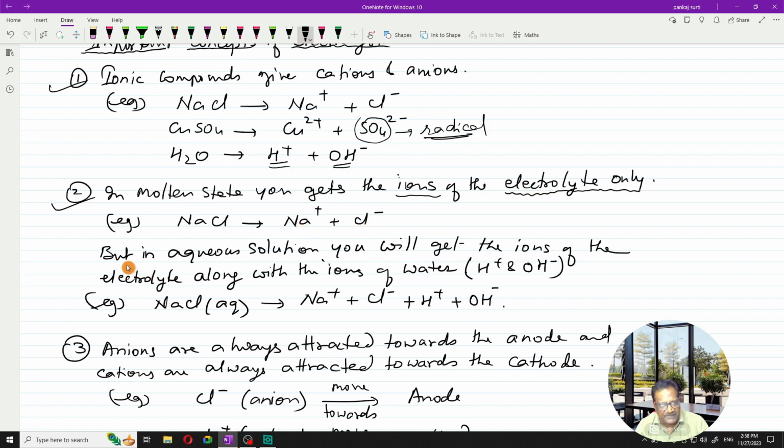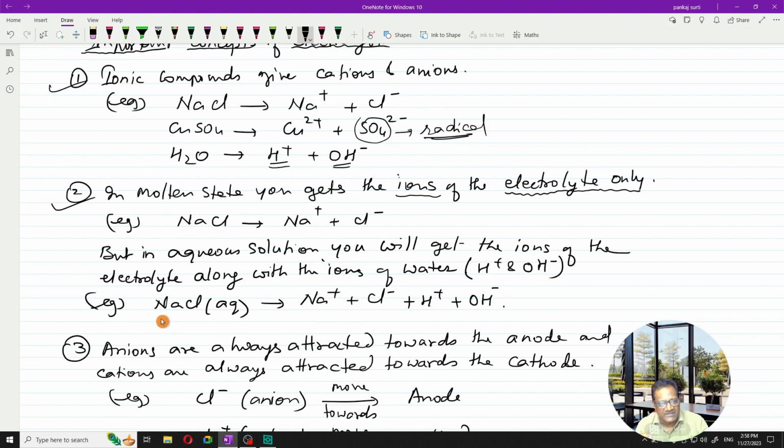But if this electrolyte NaCl is in aqueous solution, you will get the ions of the electrolyte, of course, sodium and chloride ions. But along with these two ions, you will also get the ions of water, that is hydrogen ion and OH ion.